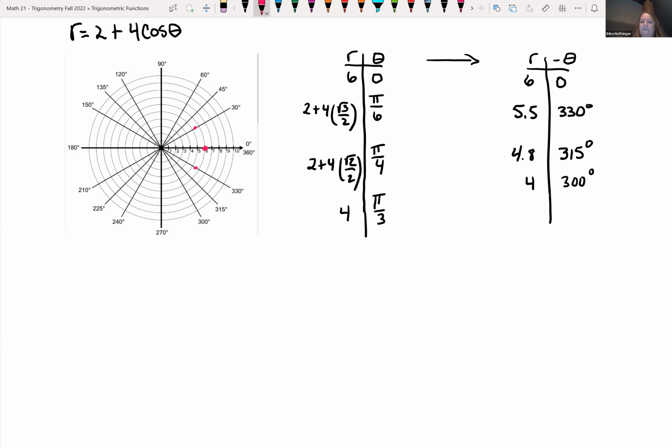At pi/4, or 45 degrees, we had 4.8, which was the same thing, a reflection across that polar axis is 315 degrees, where we have 4.8. At pi/3, 60 degrees, we had 4. At 300 degrees, we also had 4.